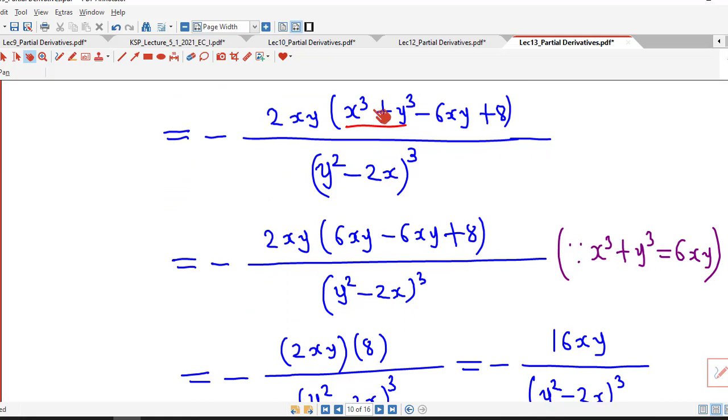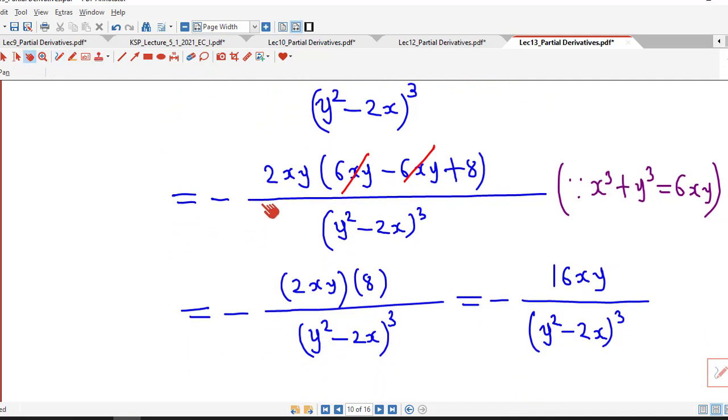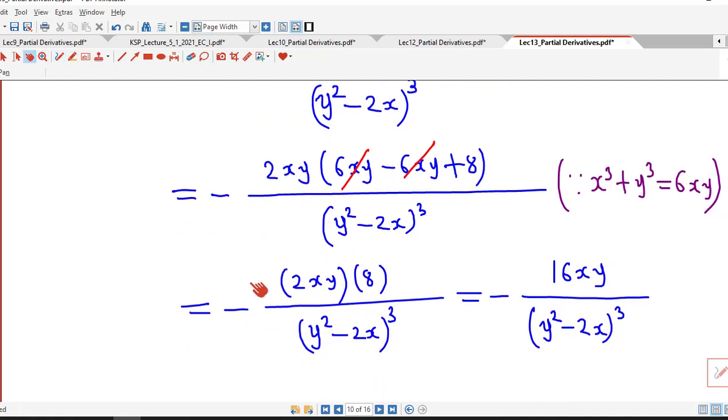So 6xy is written in place of x cube plus y cube, and that will cancel out with this minus 6xy, and we are left with minus 2xy into 8 divided by cube of (y square minus 2x), which we can rewrite as minus 16xy over (y square minus 2x) cube. So this is the second order derivative of y with respect to x.